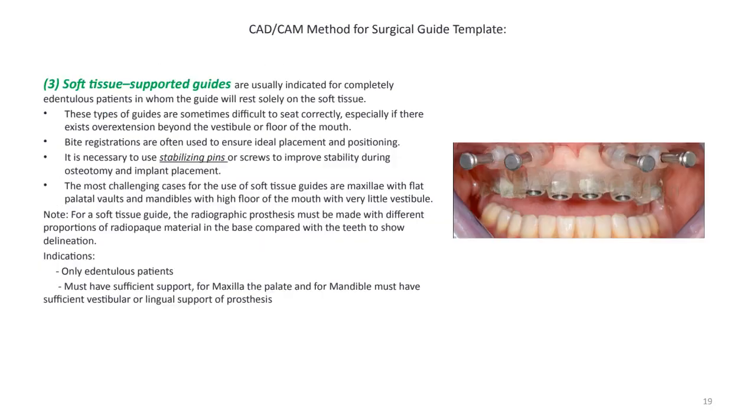And the soft tissue guided stents are usually indicated for patients who are wearing dentures, who have no natural teeth left in their arch. The problem with this is that it's very hard for the surgical stent to be fixed in position and to be stable.